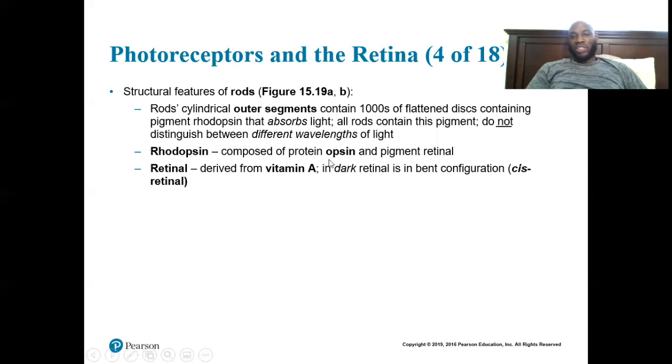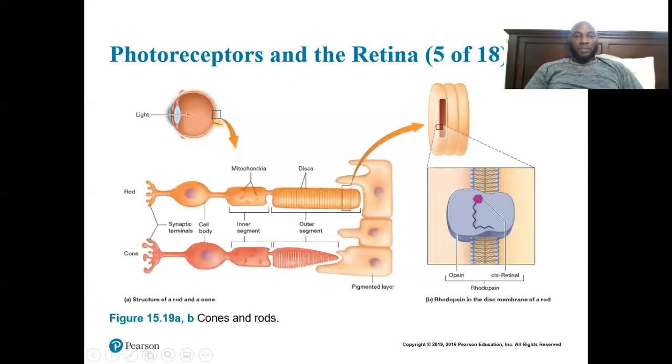Rhodopsin is composed of protein opsin and pigment retinol, derived from vitamin A. In the dark, your retinol is in bent configuration. All right, so this is showing you how we get from light. The idea is, what we're trying to figure out is how do we get from a refracted light to knowing that I'm looking at this door, for instance.